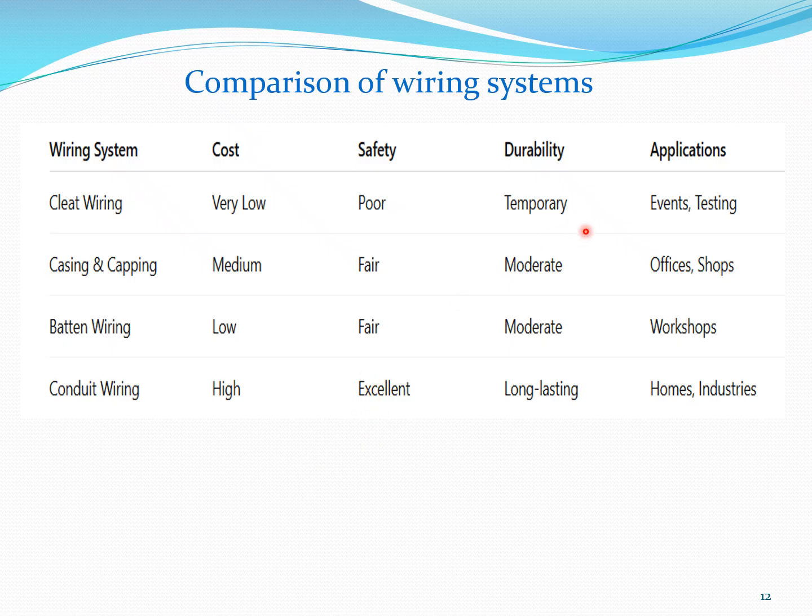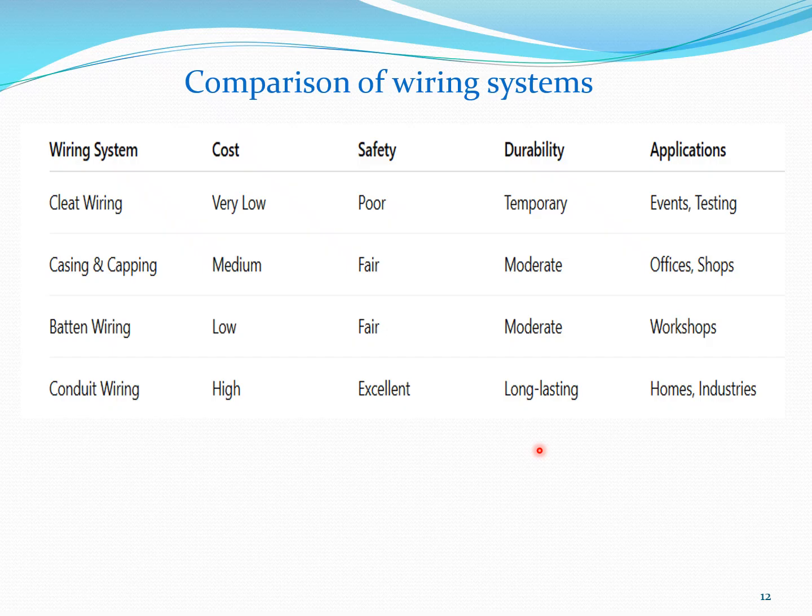Now durability. Cleat wiring can be used for temporary purposes. Casing and capping has moderate durability. Similarly, batten wiring also has moderate durability, whereas conduit wiring is a long-lasting type of wiring.